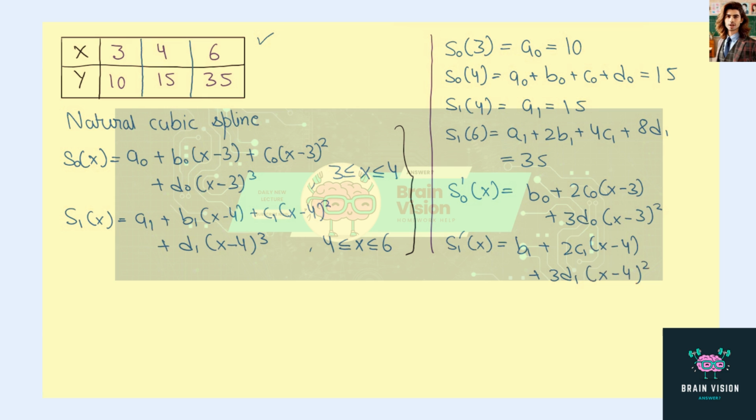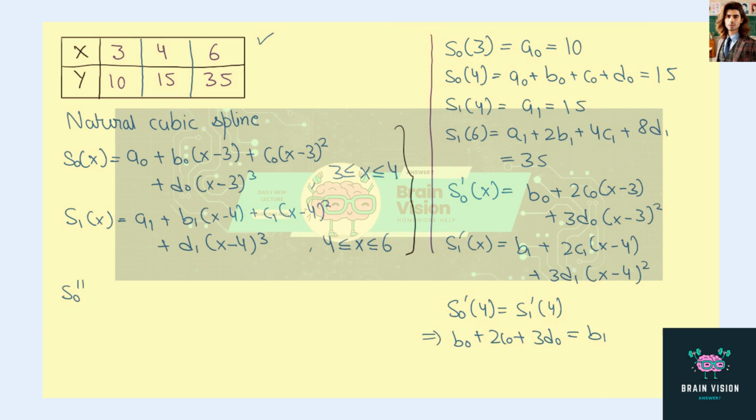Now with this we can also write that S0'(4) = S1'(4). This implies that b0 + 2c0 + 3d0 = b1.